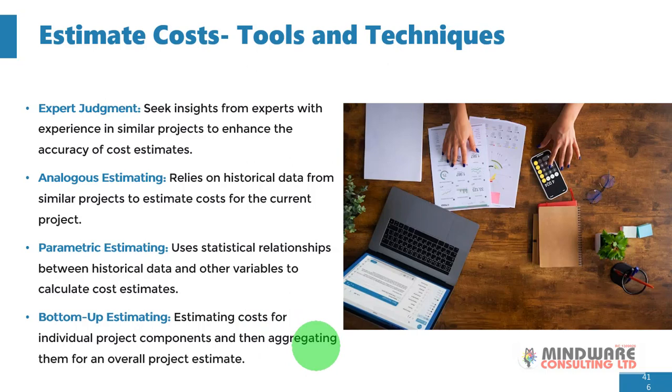So let's say, for example, you want to build a structure, all right, maybe an outlet or a unit within a building. Right, instead of just estimating the cost holistically, you start by estimating the components of that particular project work.